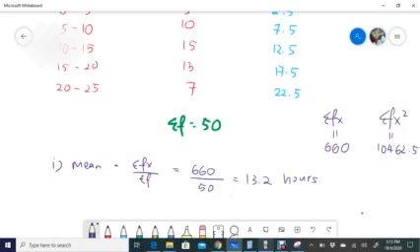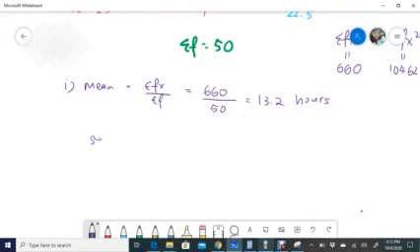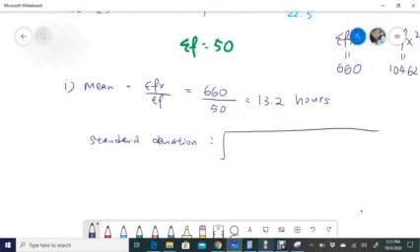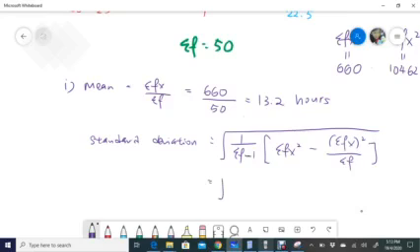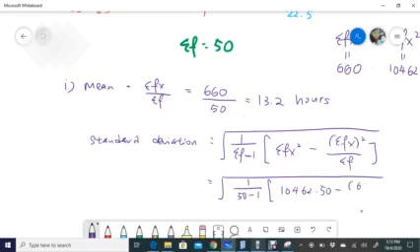What else? The question wants you to find the standard deviation. Again, copy your formula: the square root of 1 over total f minus 1, times total fx squared minus total fx whole thing squared over total f. Substitute: 50 minus 1, 10,462.5 minus 660 squared over 50.